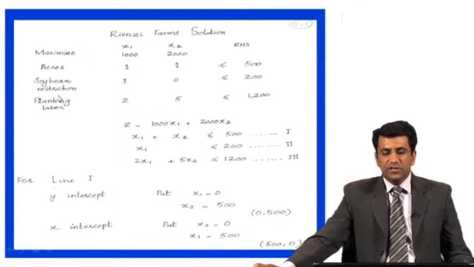The next constraint is related to soybean, and this is that we cannot have soybean greater than 200. It should always be less than or equal to 200. So this is our second constraint, that the x1 value should be equal to or less than 200.